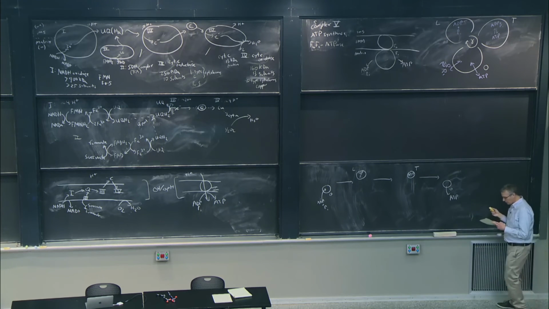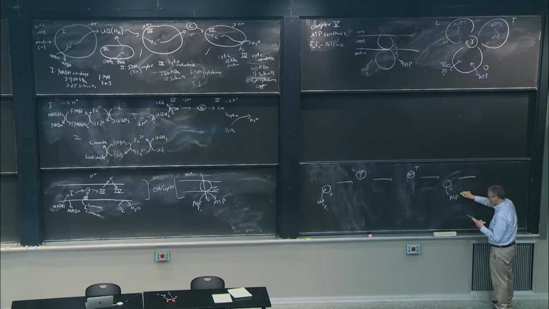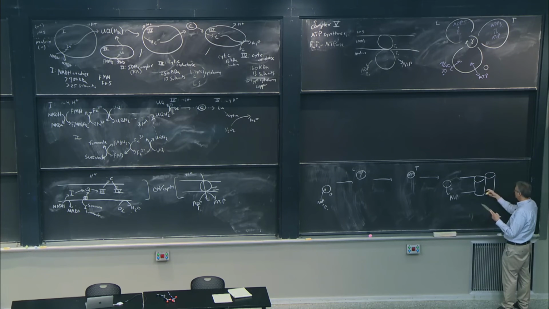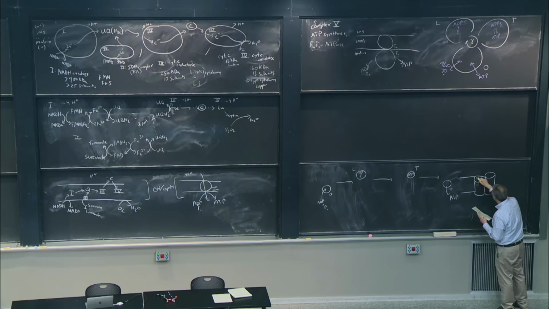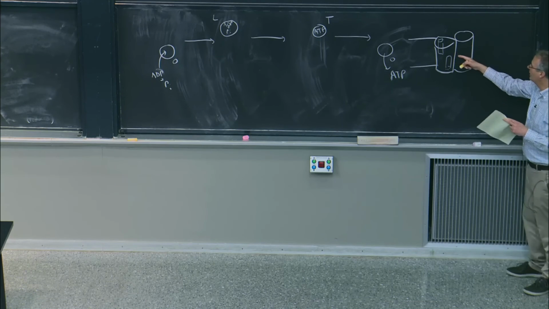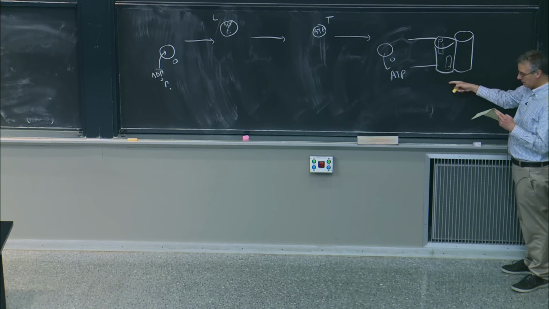Now, the way F0 works is within the membrane, and this is always hard to draw. You basically have a central piece with another set of complexes around it, that within that have 2 half channels that are open to either side of the membrane.